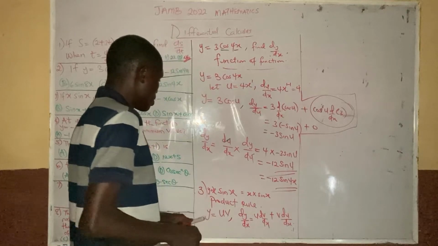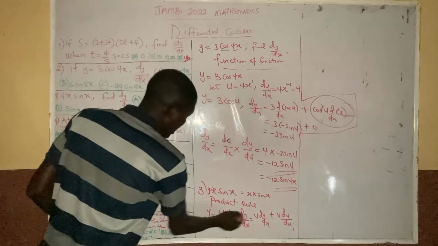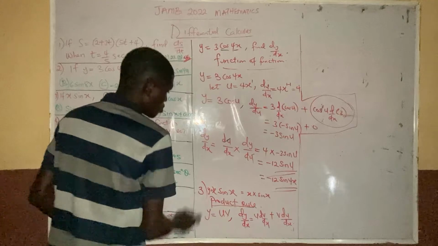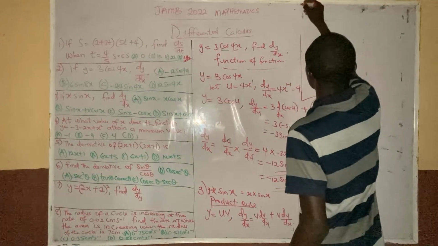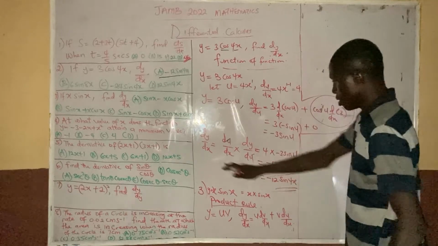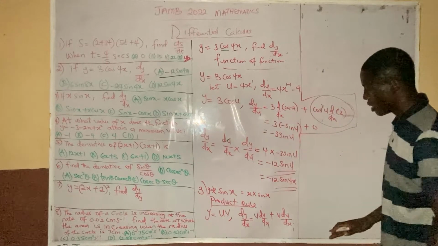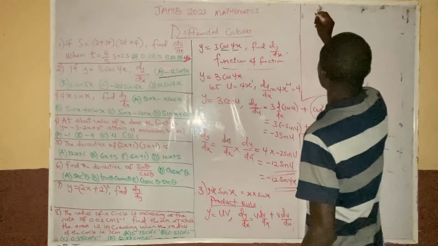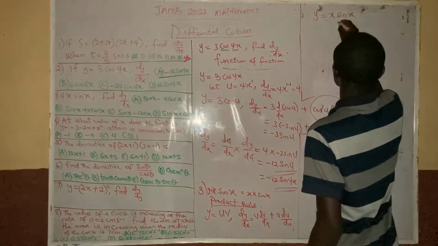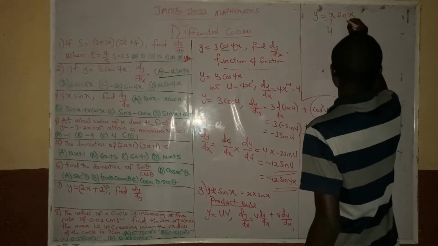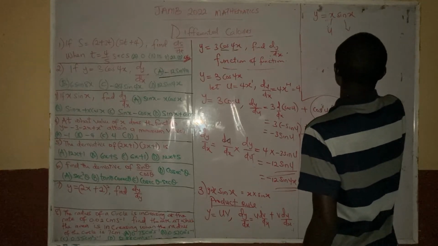So now applying this rule to this question, we have y equal to x sine x. This is u, and this is v.